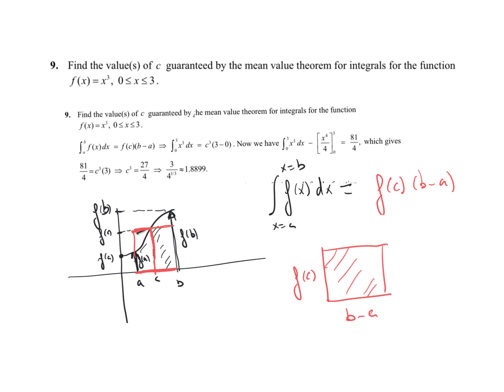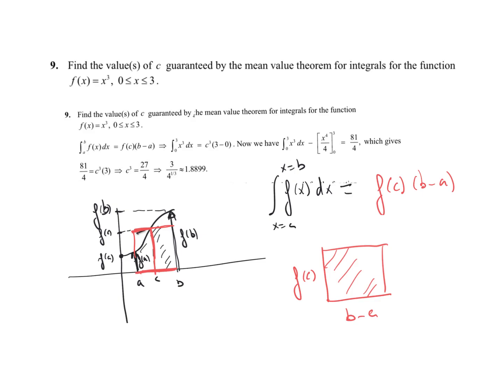So here you see there is an area. If you consider f of c, this horizontal line f of c, you know here there is no area, but the total area of the rectangle is equal to the area below the curve.